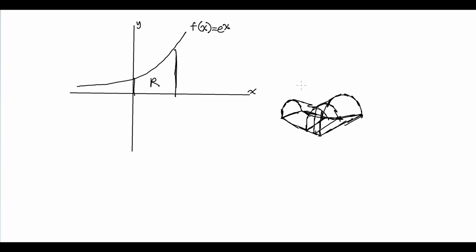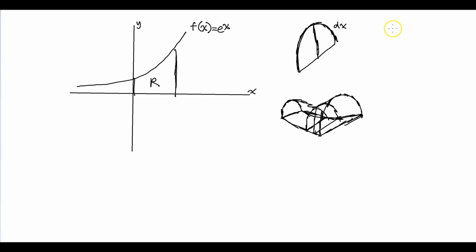So what's the volume of this solid? Since that's always the fundamental question. What is the volume of each of these individual cross sections? We have an infinitely small thickness, dx.